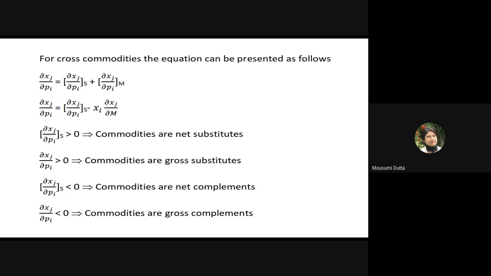However, if the commodities are gross complements, they are net complements too.